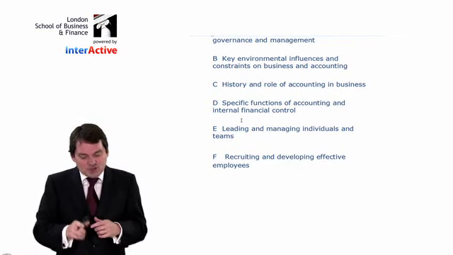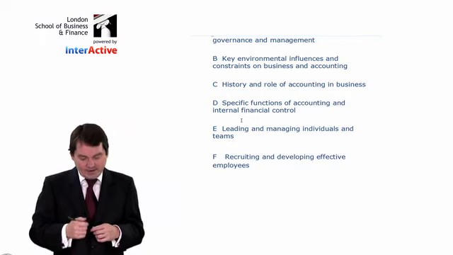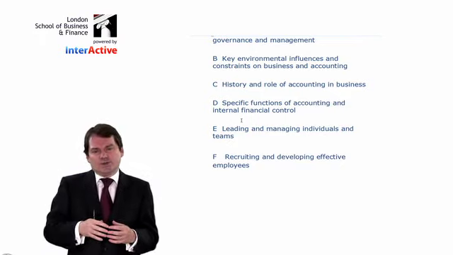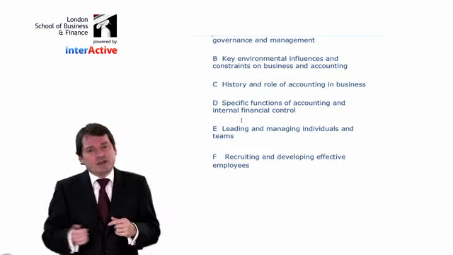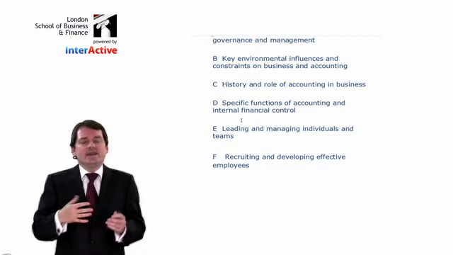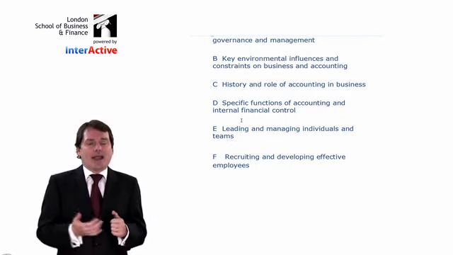Area D, specific functions of accounting and internal financial control. Specific functions of accounting could include things such as credit control. How do we make sure that we get all of the money that we are owed by our debtors?